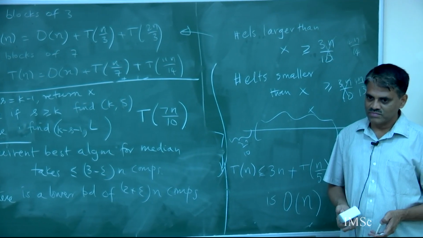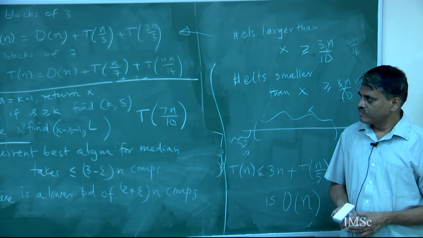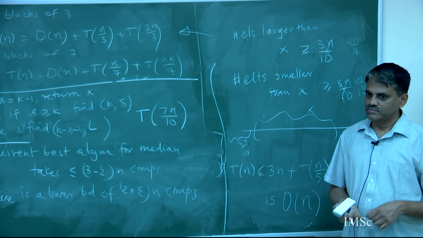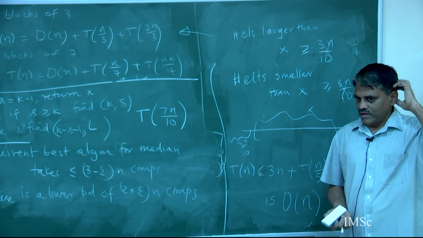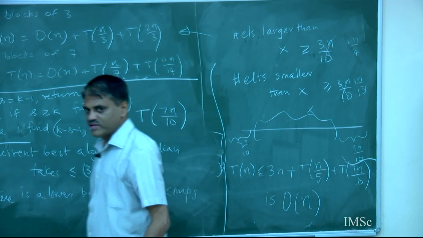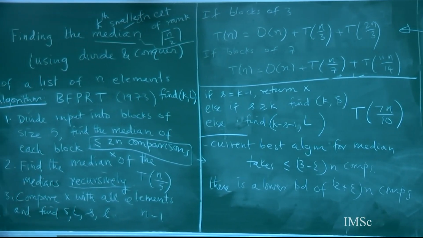Okay, so why can we not do it in less than order n? I mean theta n. I need an argument for that. So the question is, can you find the median in log n time? Root n time?